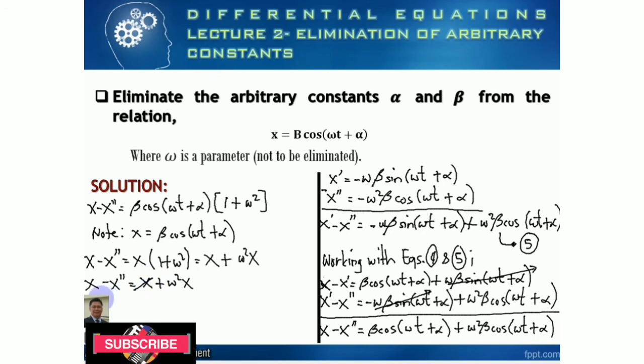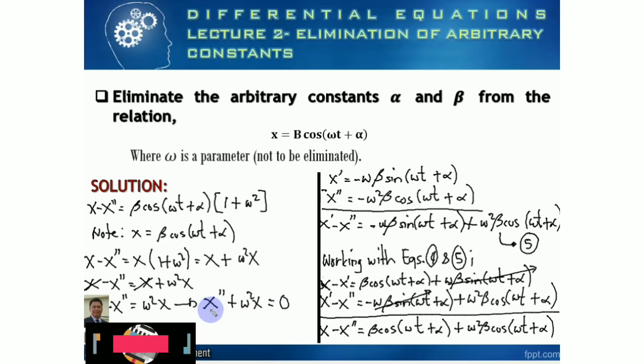So this will just cancel each other. x minus x is equal to 0, so negative x double prime is just equal to omega squared x, or this is equivalent to x double prime plus omega squared x is equal to 0.